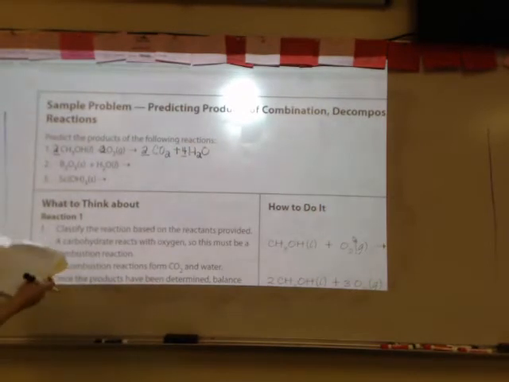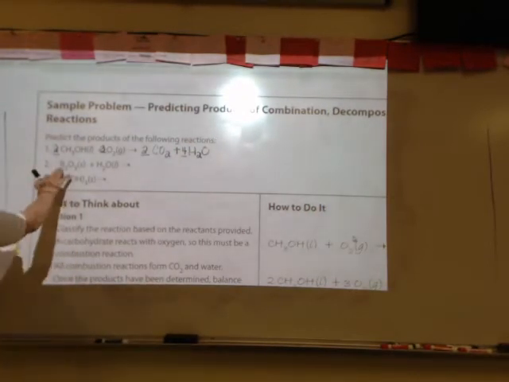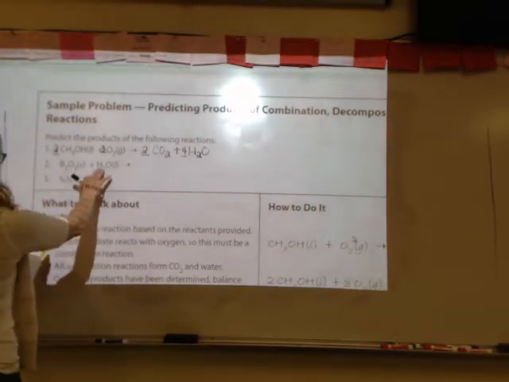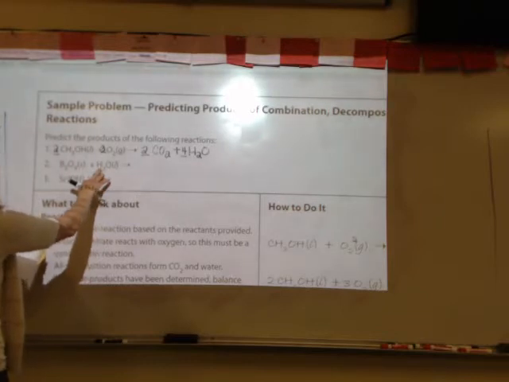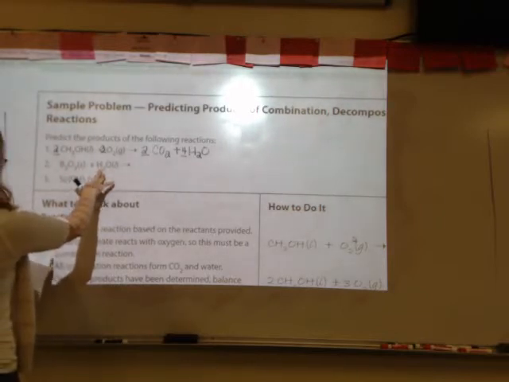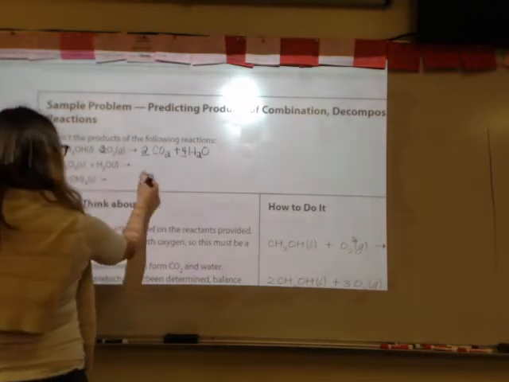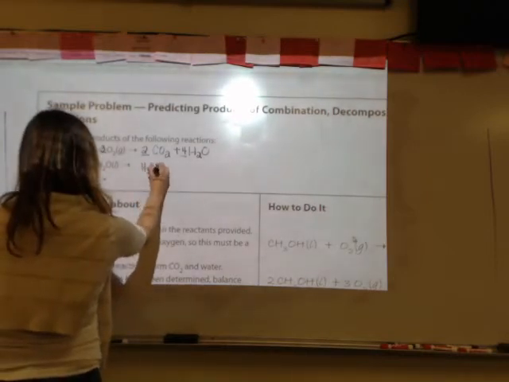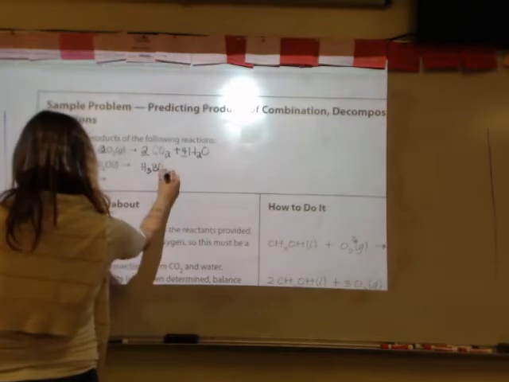For number 2, we have a non-metal oxide reacting with water. When you have a non-metal oxide reacting with water, you're going to produce an acid. And the acid that you're going to produce is H3BO3.